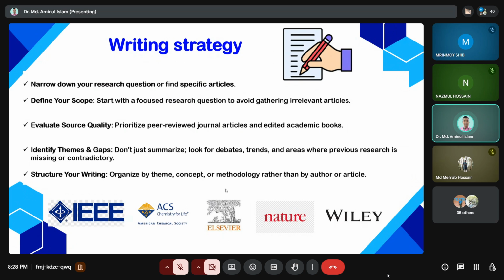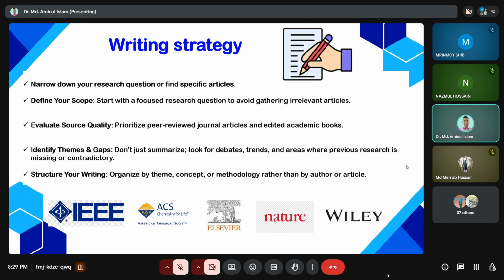So try to collect articles from good quality sources. Then identify themes and gaps. Just do not summarize. Look for debates, trends, and areas where previous research is missing or contradictory.